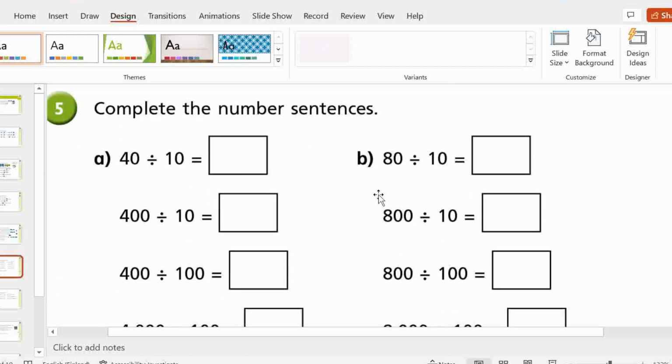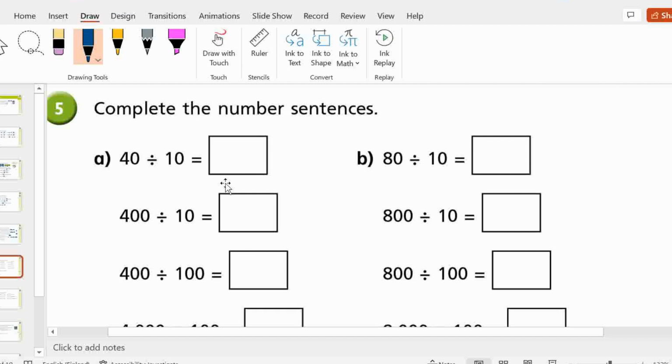Okay. Complete the number sentences. So 40 divided by 10 is what? This should be easy now because we've done divide.